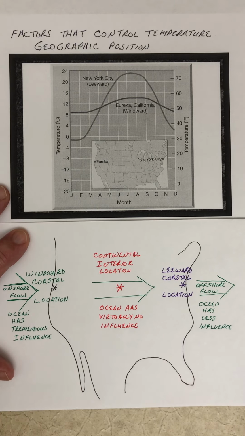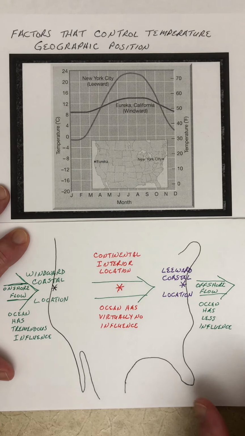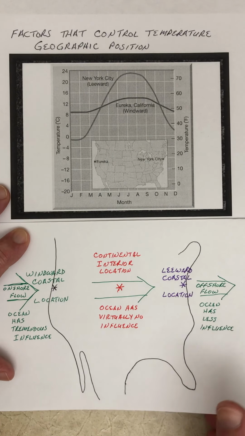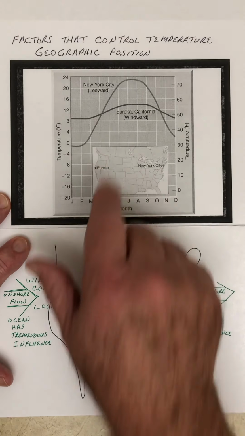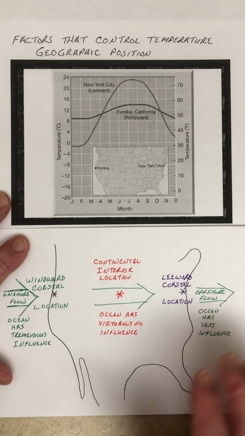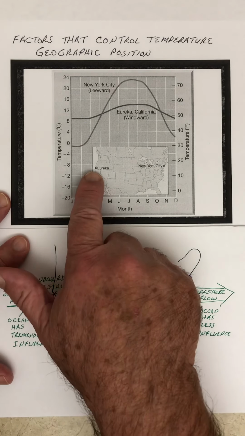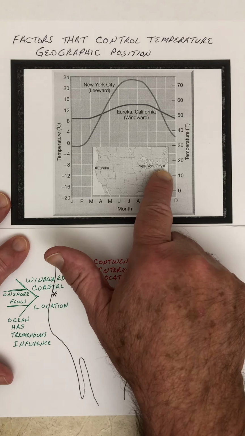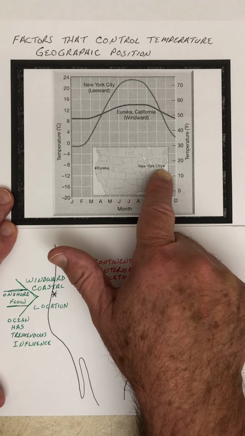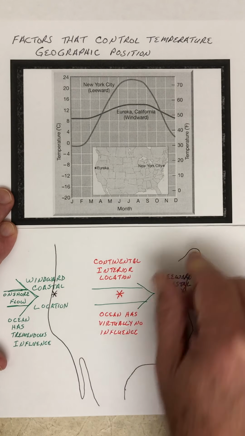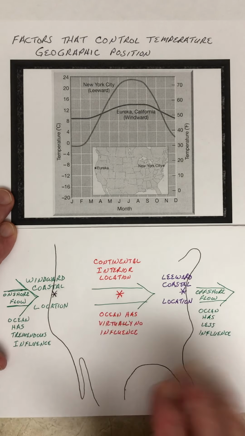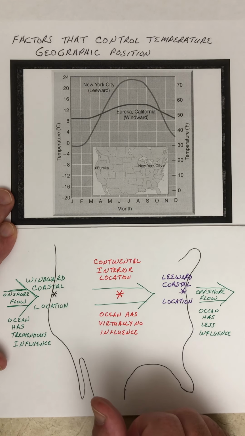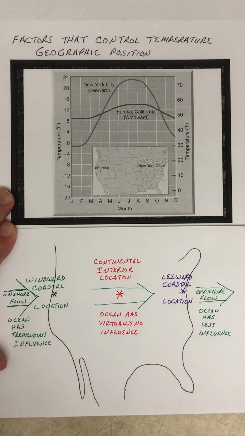So what does this look like in terms of what we call average annual temperatures? I've got a figure here, again from the PowerPoint slide. It shows two locations, Eureka, California, and New York City, New York. They're at virtually the same latitude, so again, there's no bias in terms of the amount of solar energy that they are receiving.